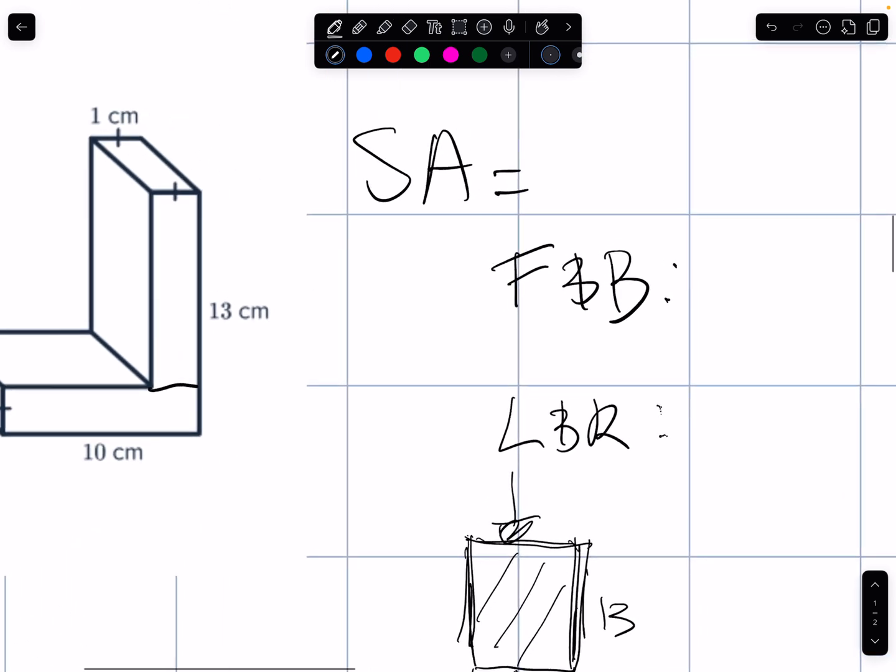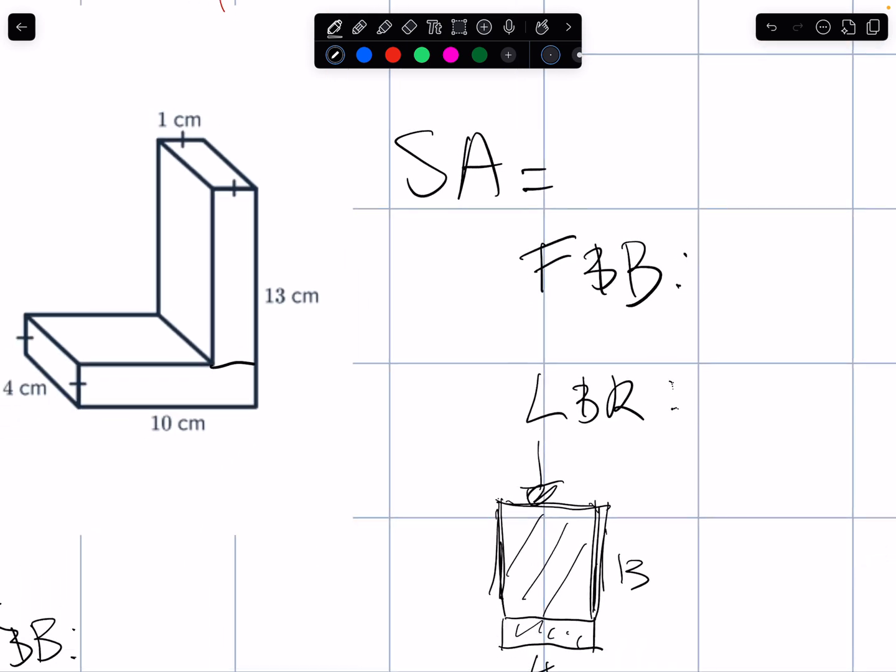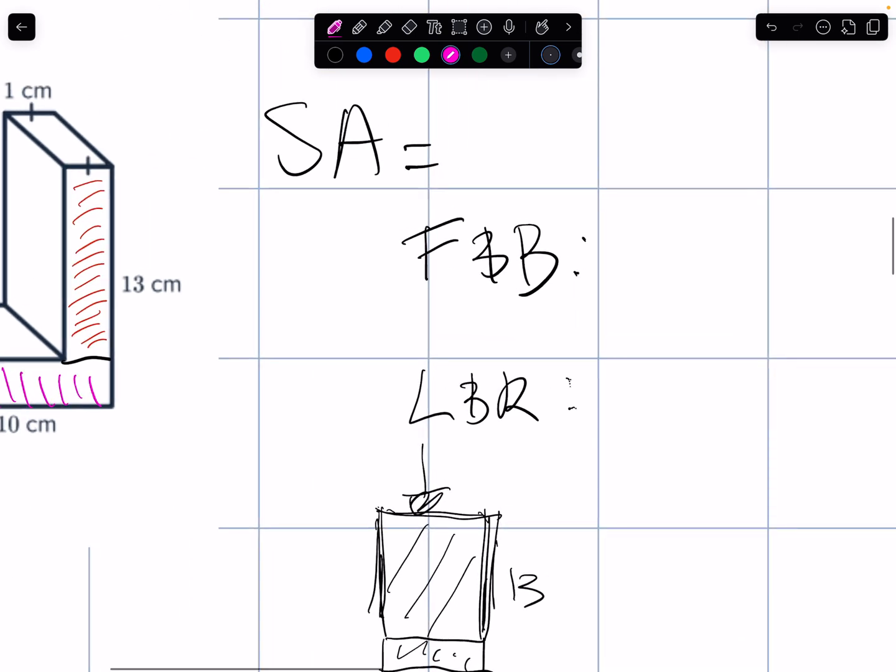So front and back. We're going to look at the front because it's easier to see than the back, but our front is made up of two separate things. We've got this rectangle down here, and then we've got this rectangle along here. So the front and back is equal to the pink area plus the red area. This is length times width plus length times width.